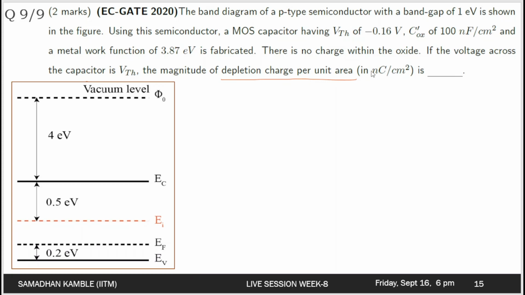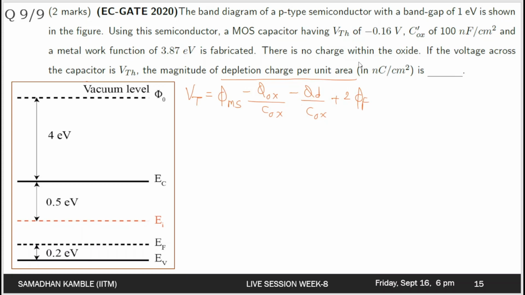So the depletion charge per unit area they have asked. If you go to our summary slide and substitute the relation of V threshold with the different parameters that they have given as input, you will get this relation: V threshold is phi ms minus q ox over c ox minus q depletion, that is depletion charge over c ox, plus 2 times phi f.